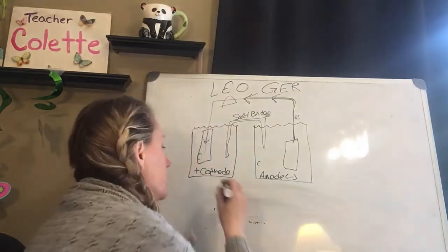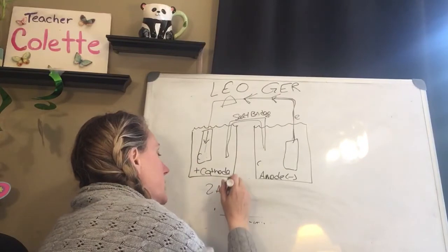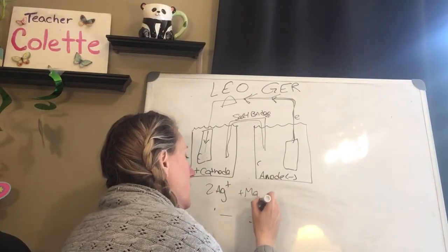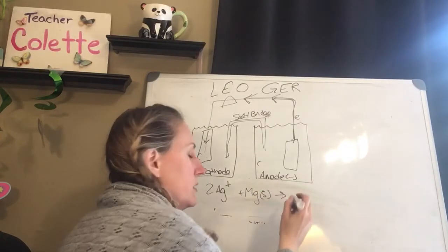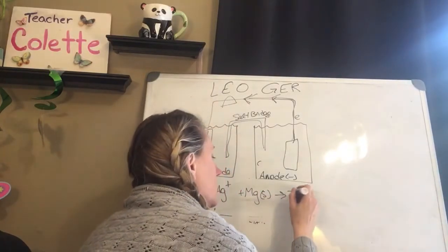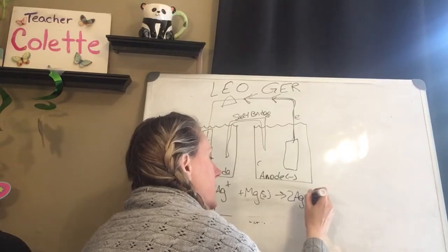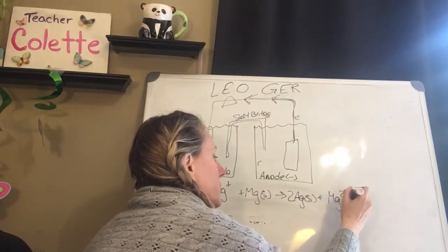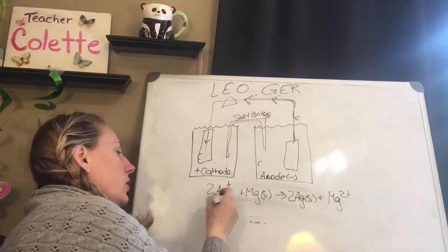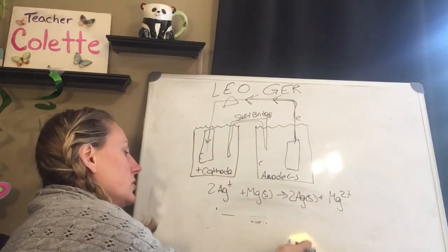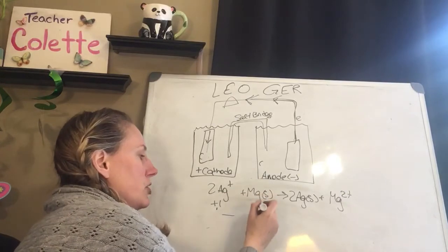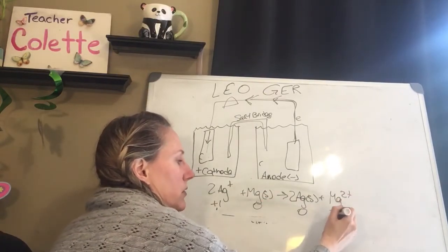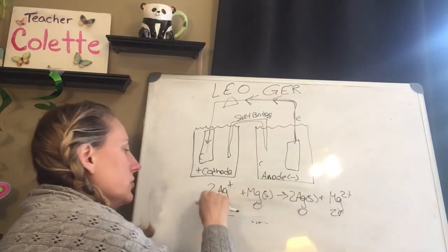So we have 2 Ag+ plus Mg solid turns into 2 Ag solid plus Mg2+. Well, I know that this has a positive charge, so this is going to be plus 1. Mg is going to be 0. This has got no charge on it, and this has got a 2 plus charge on it. And there's 2 of these.